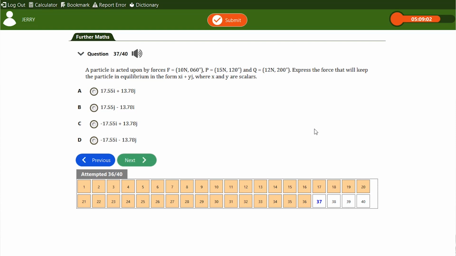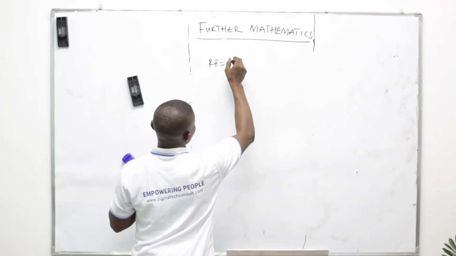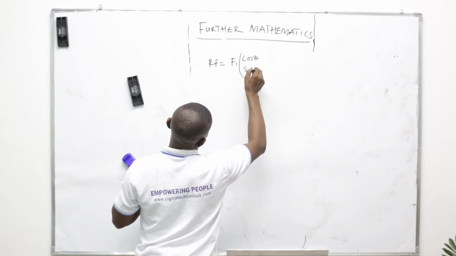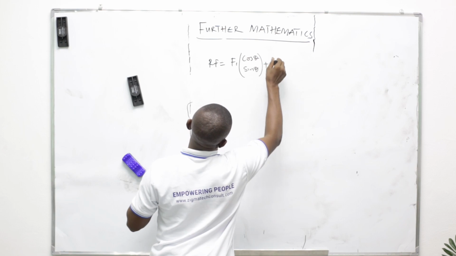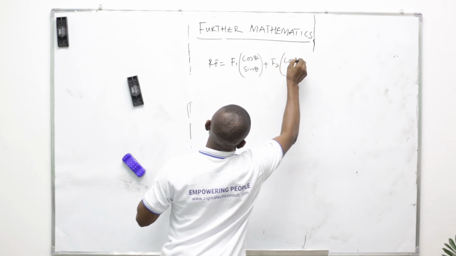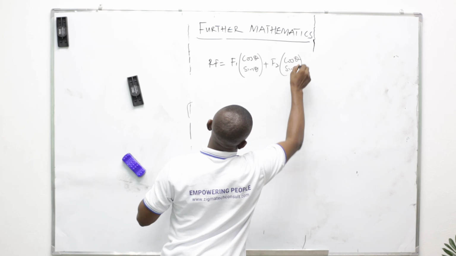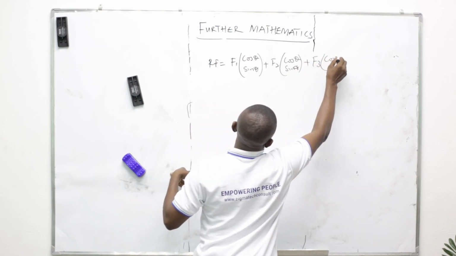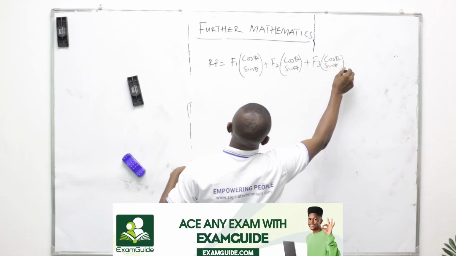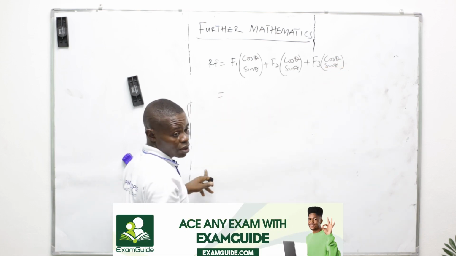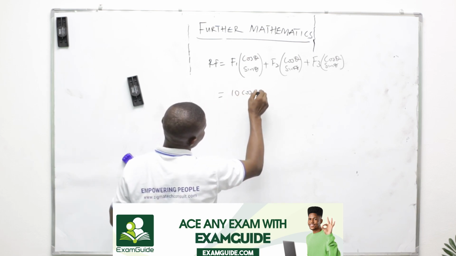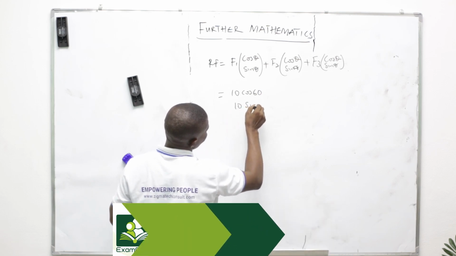You have that the resultant force will give us F1 cos theta, sin theta plus F2 cos theta, sin theta plus F3 cos theta, sin theta.